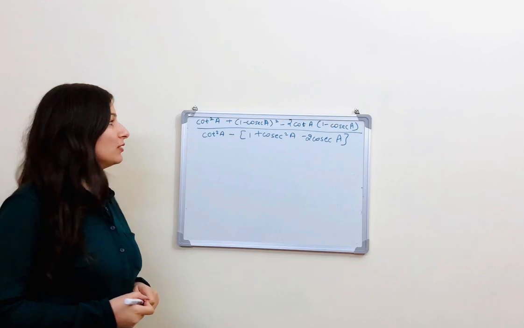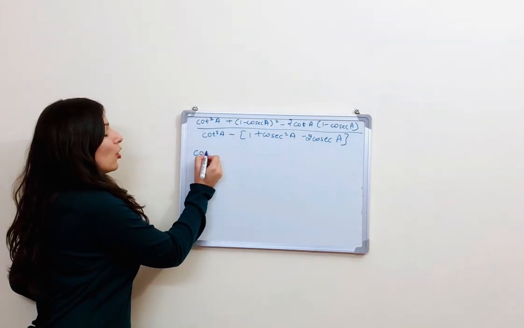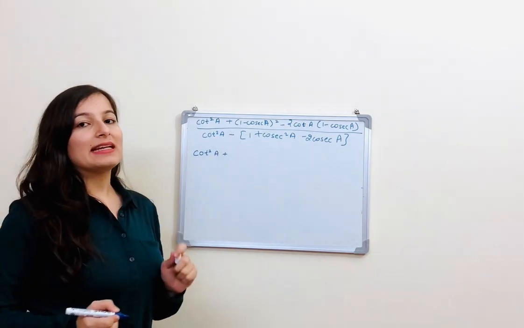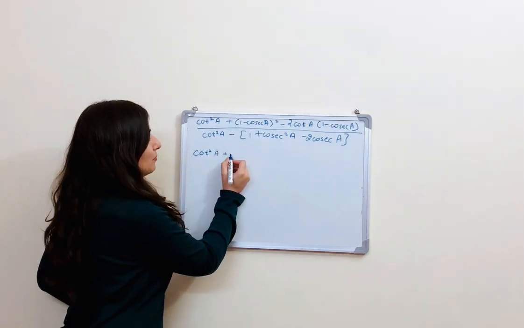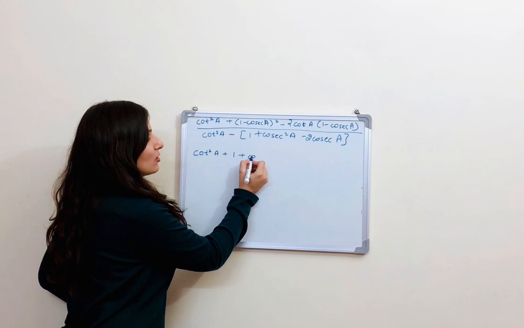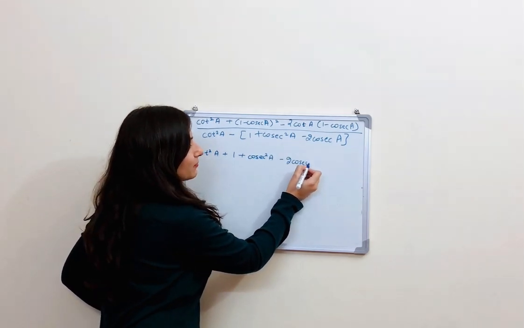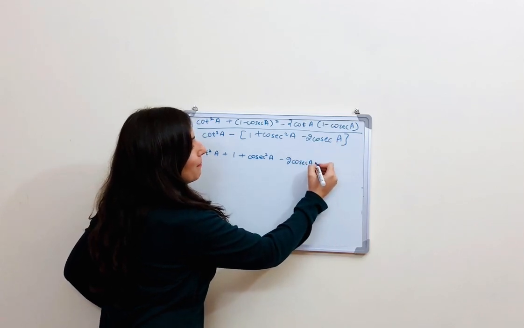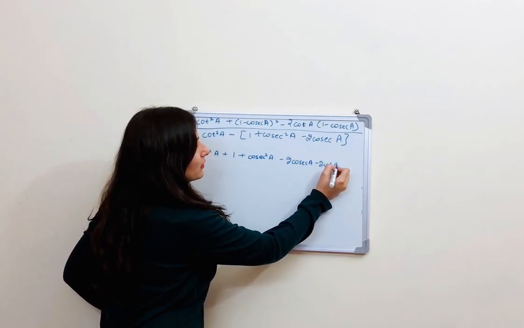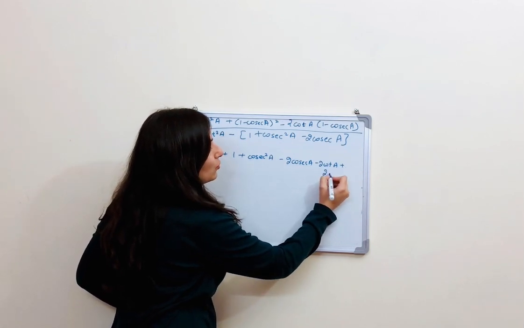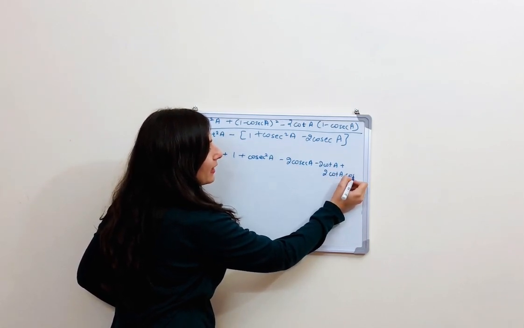Expand this expression. In the numerator, cot square A will remain as it is. This 1 minus cosec A whole square will become 1 plus cosec square A minus 2 cosec A. And this is minus 2 cot A, if we multiply this with the bracket, plus 2 cot A cosec A.